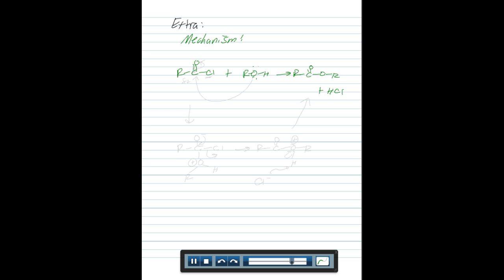Okay, acid chlorides are very reactive. Again, this chlorine is very partial positive. This carbon is very partial positive because it's attached to a chlorine and an oxygen, and it has a pi bond. So this oxygen is going to come in, add there, and this pi bond is going to kick up to form your tetrahedral intermediate.